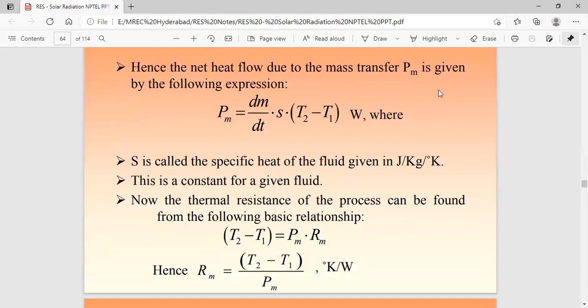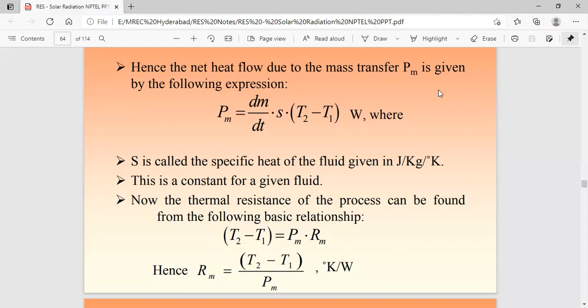Hence, the net heat flow due to mass transfer Pm is given by the following expression. Pm is equal to dm divided by dt into S into T2 minus T1 in watts, where S is called the specific heat of the fluid given in joules per kg per degree Kelvin. This is a constant for a given fluid.